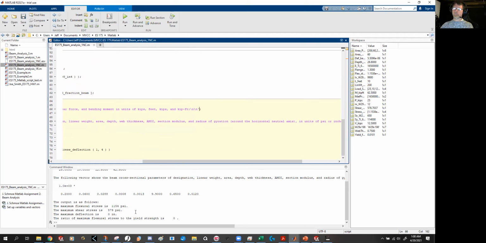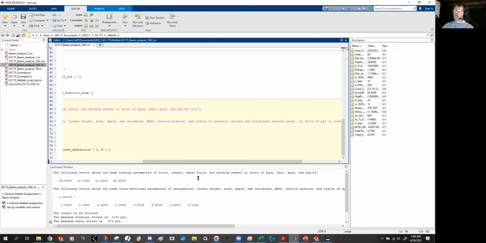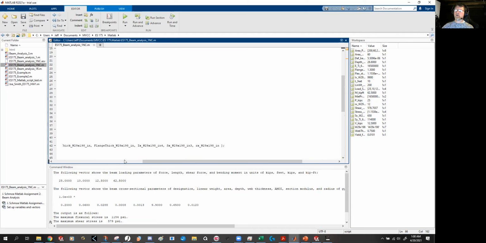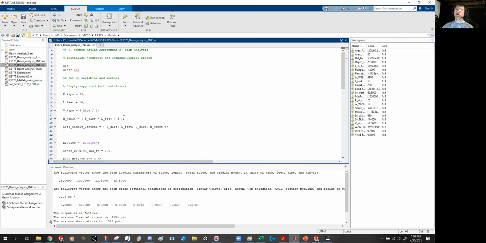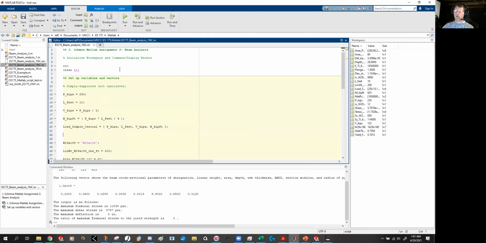All right, if you'll notice, my stresses are actually very, very low. And that's why I have a very small deflection and very small yield strength. So I can go back up here and change my kips from 25 to 250, save it, run.